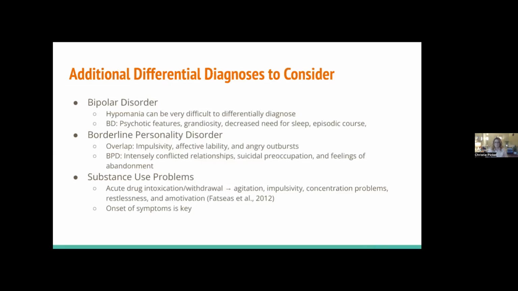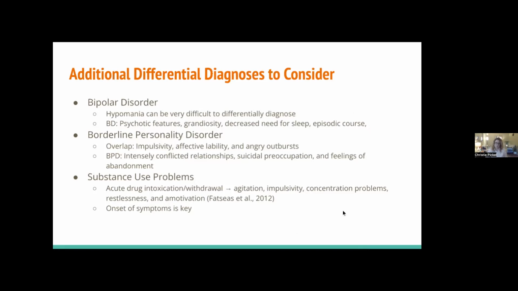Kind of moving a little quickly here just for time, but some additional differential diagnoses to consider and keep in mind. As I mentioned, bipolar disorder can be really tricky, especially with hypomania, to differentially diagnose. So we want to make sure to screen for mania and hypomania.